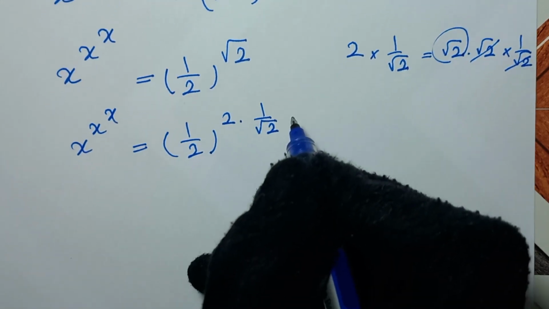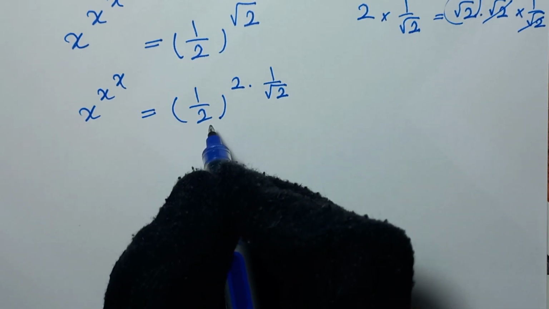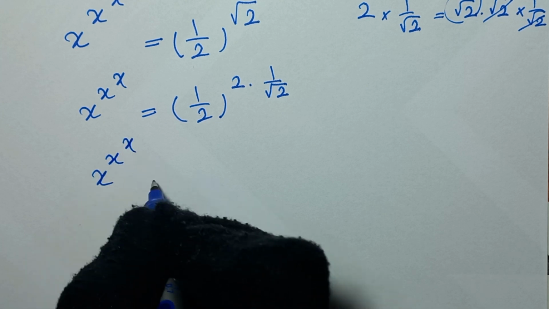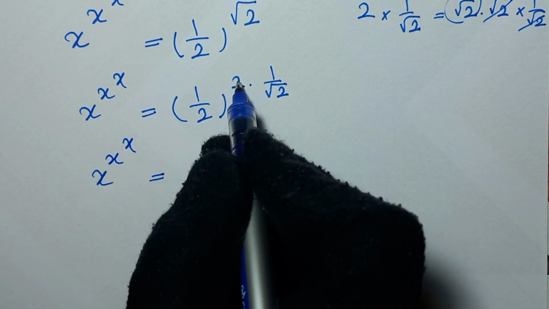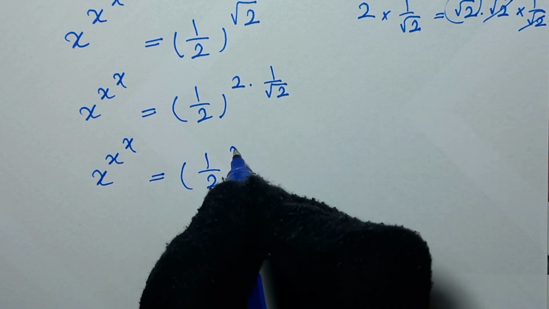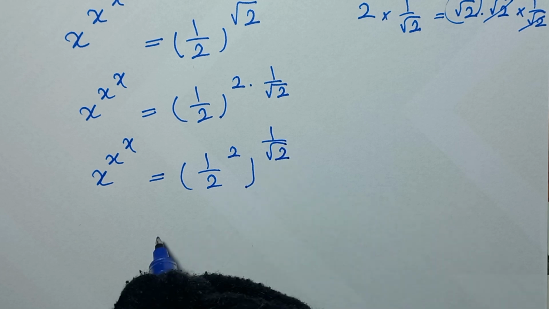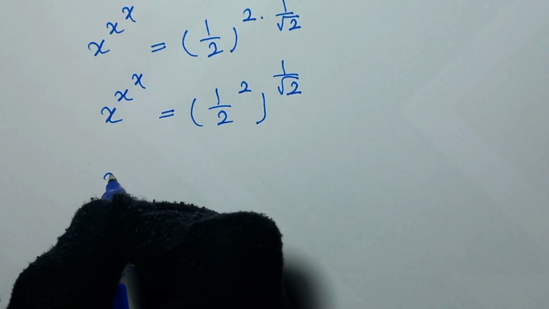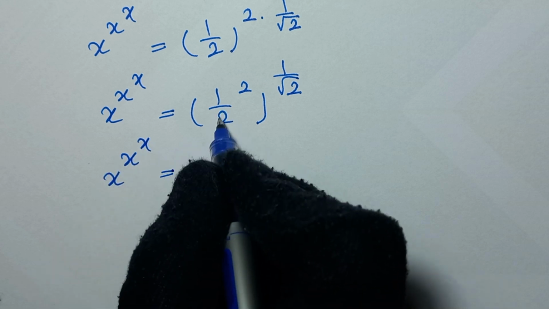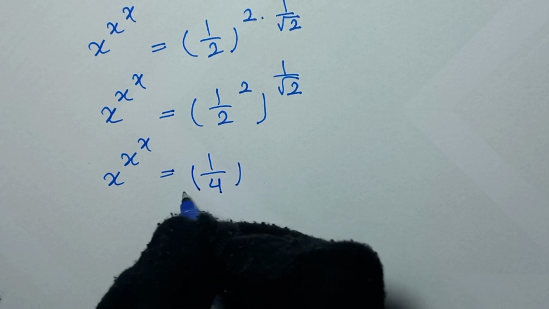So we write this square root of 2 as 2 times 1 over square root of 2, and it will be x to the power of x to the power of x is equal to, we take these two inside the bracket, 1 over 2 to the power of 2 and to the power of 1 over square root of 2. And it will be x to the power of x to the power of x is equal to 1 over 2 to the power of 2, which is 1 over 4, and to the power of 1 over square root of 2.